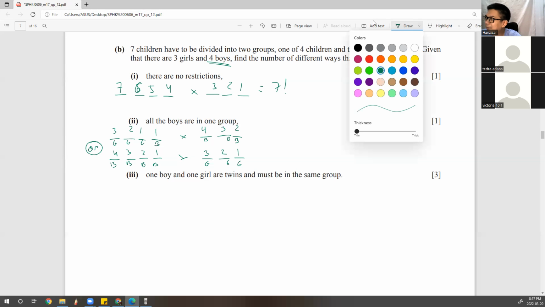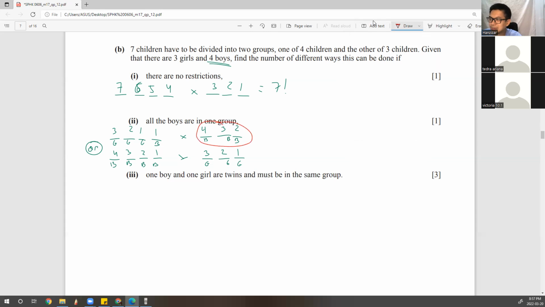Is this following the rule? All the boys are in one group here, but 1 boy can be put aside, okay? And all boys are in one group as well, okay? So this plus this, right?